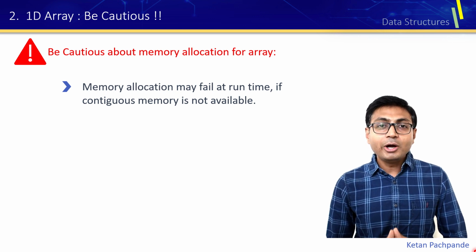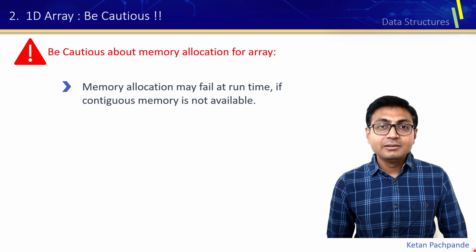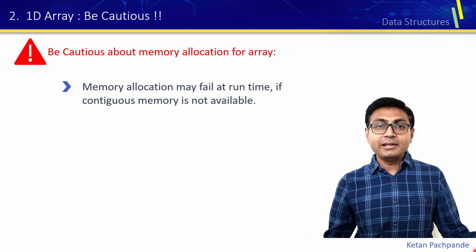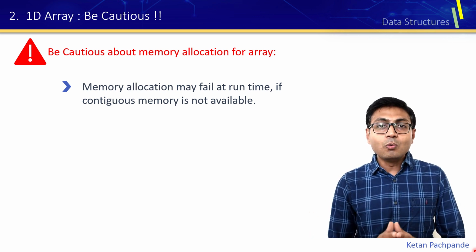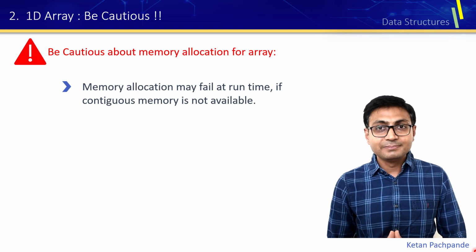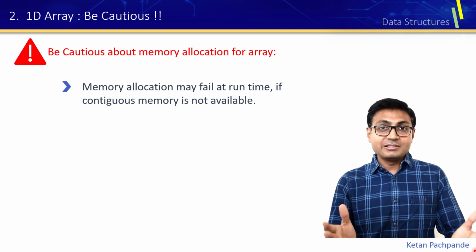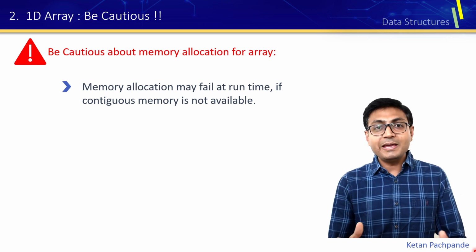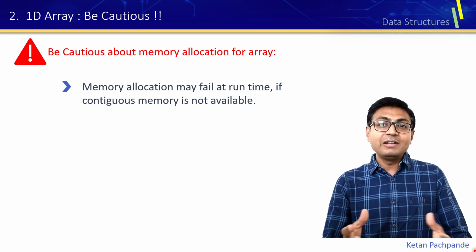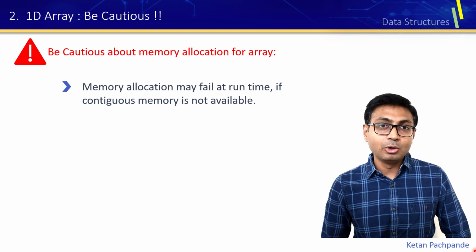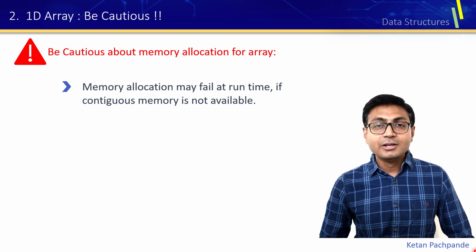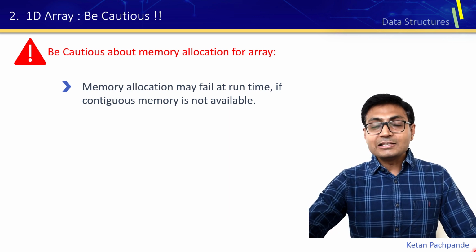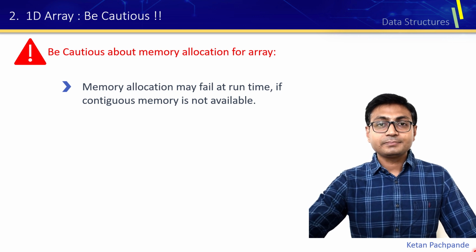So that point you always keep in mind. If you define a very huge array, an array of 1 lakh employee IDs, it may fail sometime, because that much contiguous space may not be available at the time of memory allocation. So that's the second precaution as a programmer you have to take.